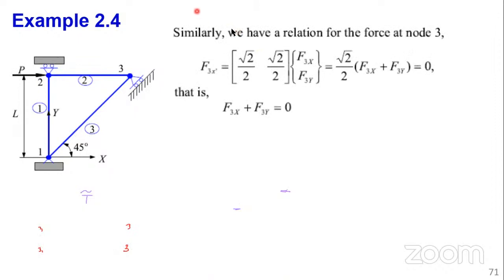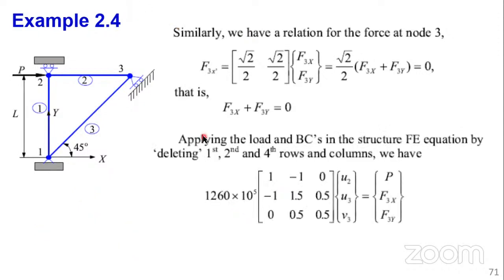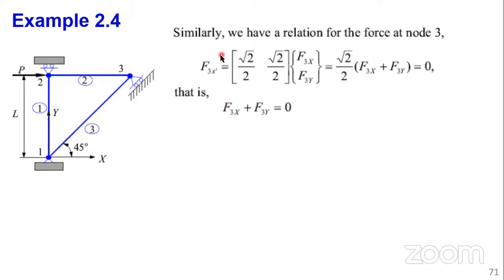Okay, in a similar manner, you can go ahead and do the same for F3, using the same equation, because we said any quantity in our coordinate system can be transformed using the transformation matrix to the global coordinate system.